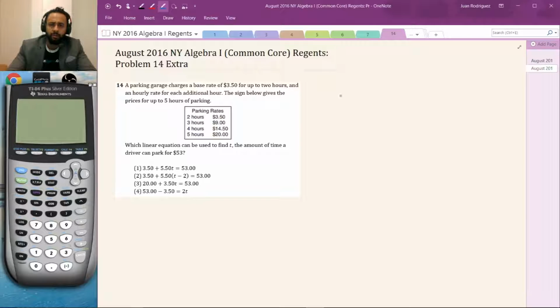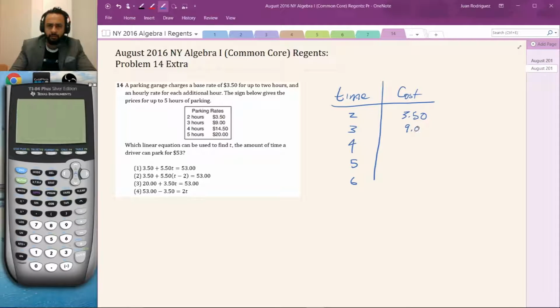Okay, so if I make a time chart again and a cost chart, time and cost. Again, this is 2, 3, 4, 5, and it goes on 6, and the costs are 3.50, 9, 14.50, 20.